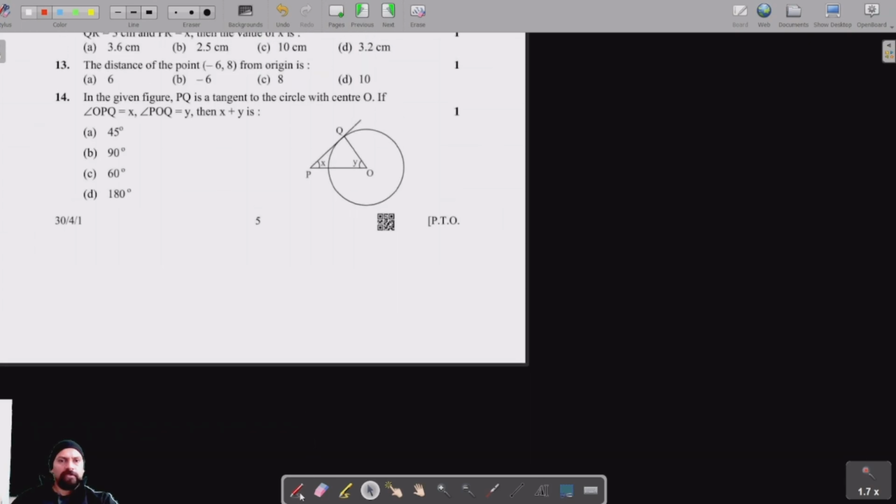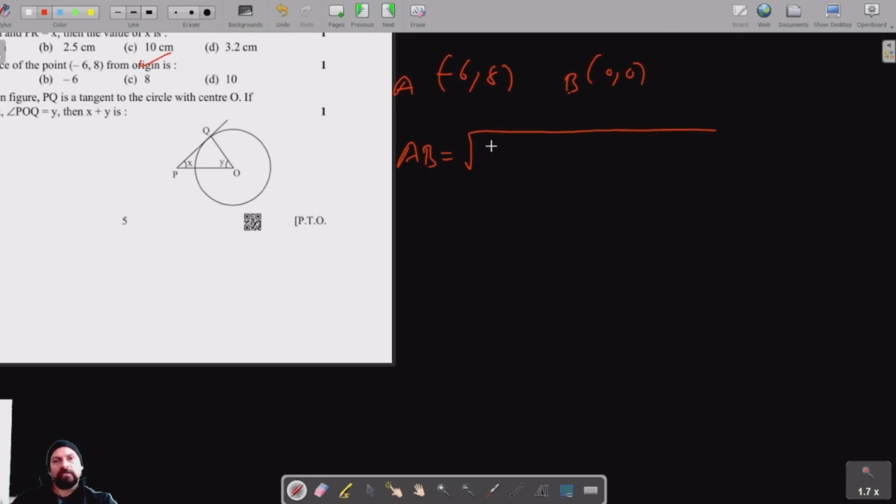For question number 13, we have to find the distance of the point -6, 8 from the origin, and the coordinates of the origin are 0, 0. Let's say this is point A, this is point B, and the distance between these points is AB. We know the distance between two points is given by the square root of x2 minus x1 the whole square plus y2 minus y1 the whole square.